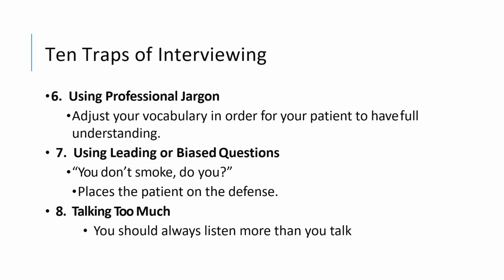That is a yes or no question. But when you word it as, you don't smoke, do you? Well, they're going to be like, well, no, because even if they did, it's going to kind of put them on the defensive. It's almost like they're going to feel like you're judging them.